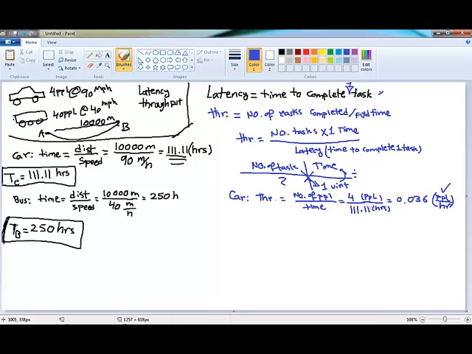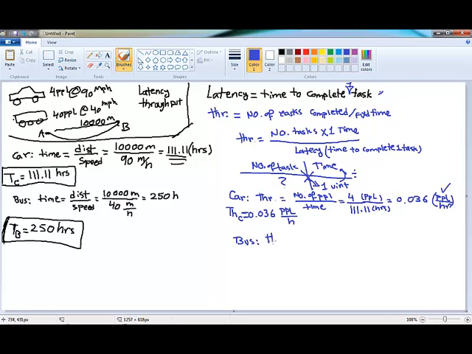And notice my units are good, because throughput is calculated in units of people per hour, or tasks per hour, or tasks per minute, or tasks per second, or whatever our time unit is. So let's call this the throughput, and I'll call this TH sub C for my car. That's 0.036 people per hour.